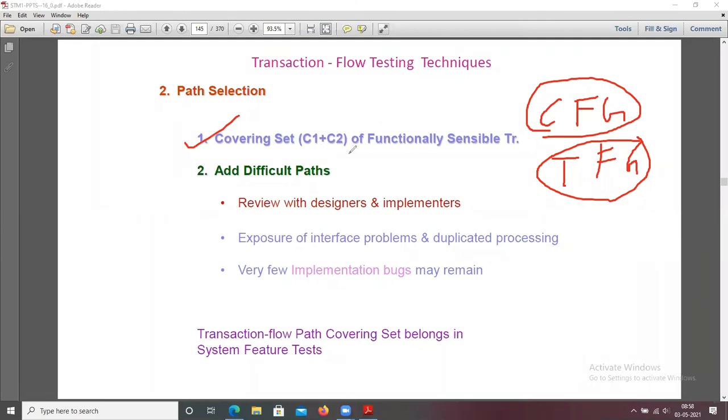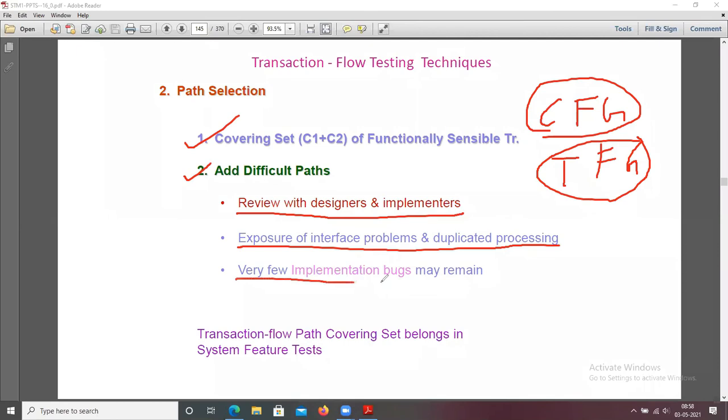Covering set C1 plus C2 are functionally sensible transactions. That means we start by covering C1 plus C2 for path testing, but don't expect to find too many bugs on such paths. Add difficult paths, review with designers and implementers, expose interface problems and duplicate processing; few implementation bugs may remain.